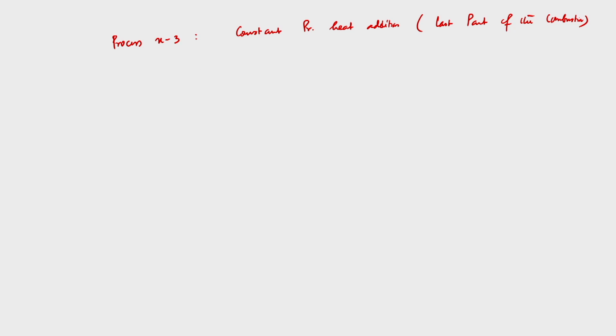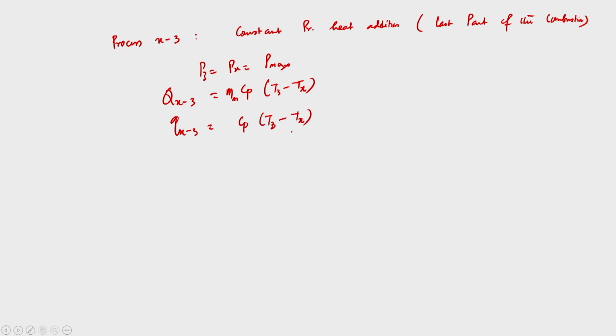P3 is equal to Px, which is P max, the maximum pressure. What is Qx3? Qx3 is equal to Cp into m, the mass of the mixture, into T3 minus Tx. Specific qx3 is equal to Cp into T3 minus Tx, which is equal to H3 minus Hx.